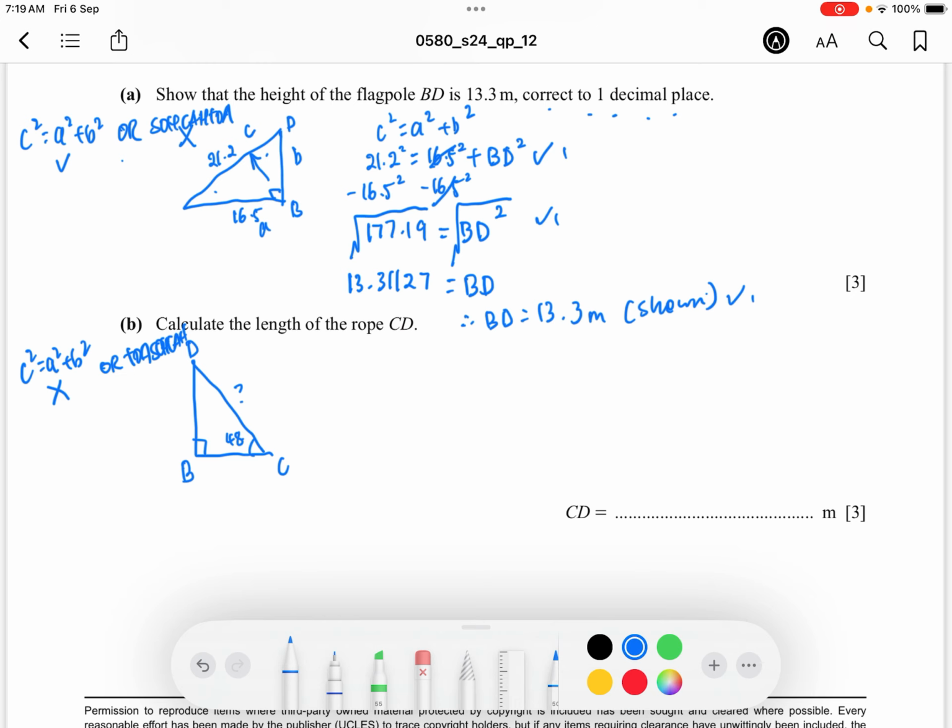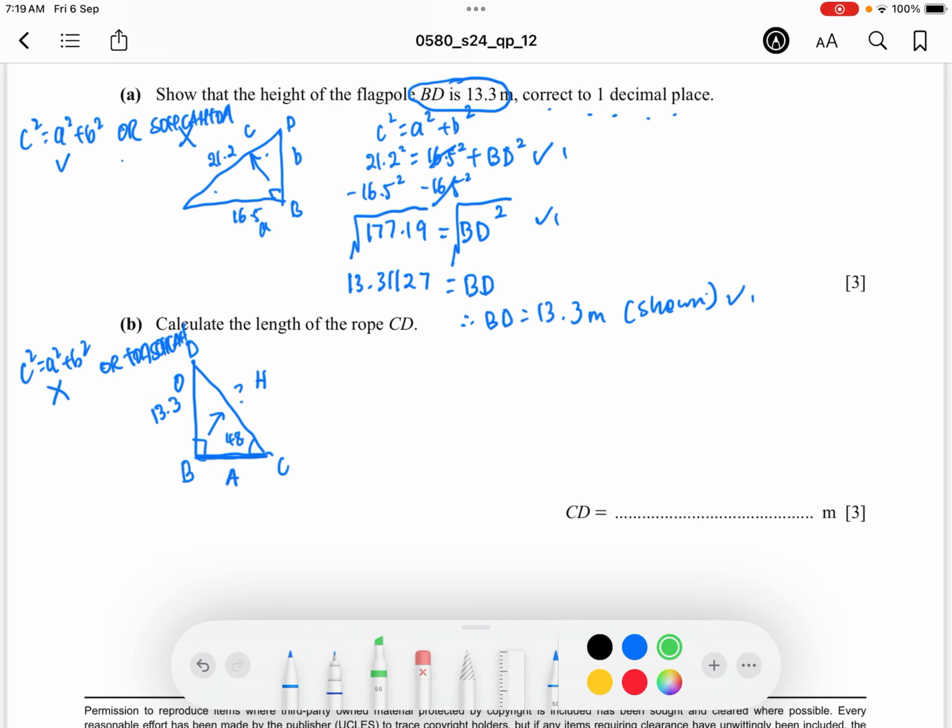We know BD, the one we just found, that BD is equal to 13.3. So I can put that down here. Label again: opposite the 90 degrees, that is the hypotenuse. The side where the two angles are will be the adjacent. That means the remaining would be the opposite.